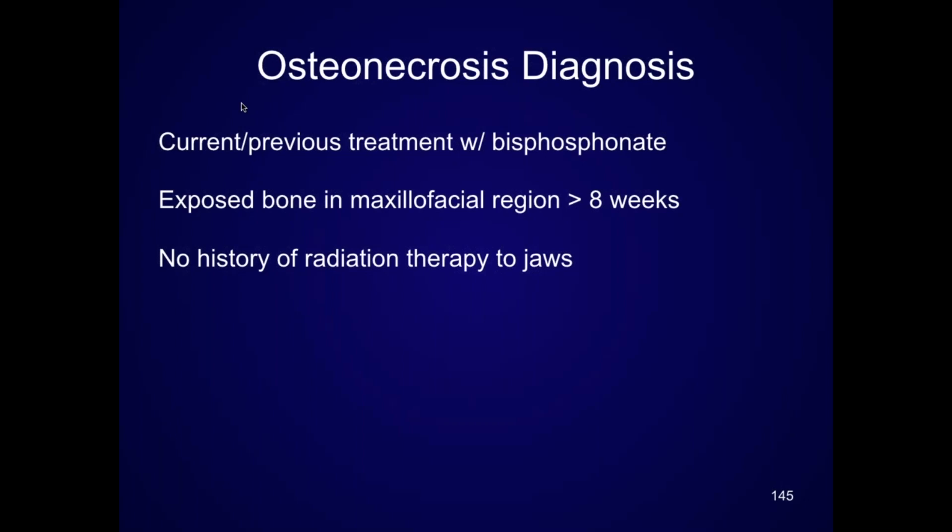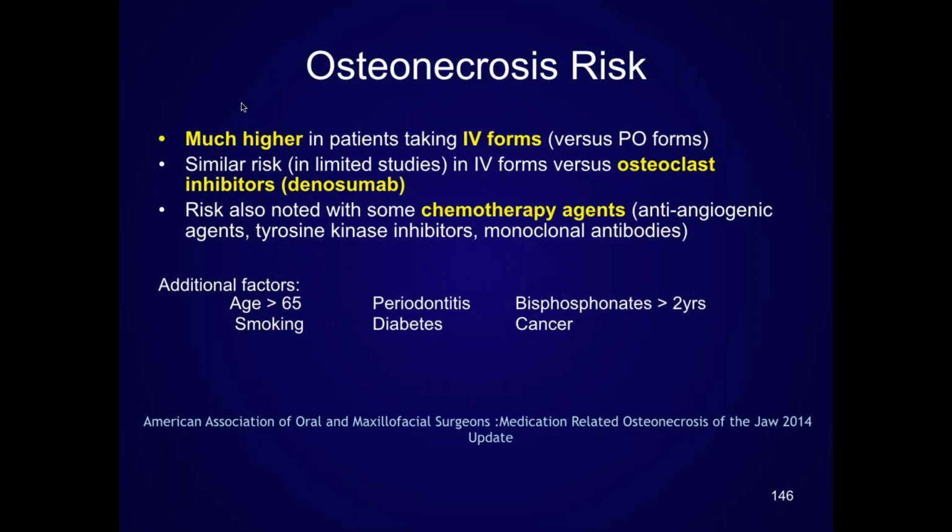Stage 0s and 1s that just have a little bit of exposed bone, or no exposed bone, need no treatment. But the risk is important to know, because the IV forms have a higher risk, as do the orals, and denosumab is sort of intermediate between the IV and the orals. The IVs and the orals, bisphosphonates, will stay in your bone for about 10 years. The osteoclast inhibitors will live in there for about a week or 2. So it's not quite as severe.